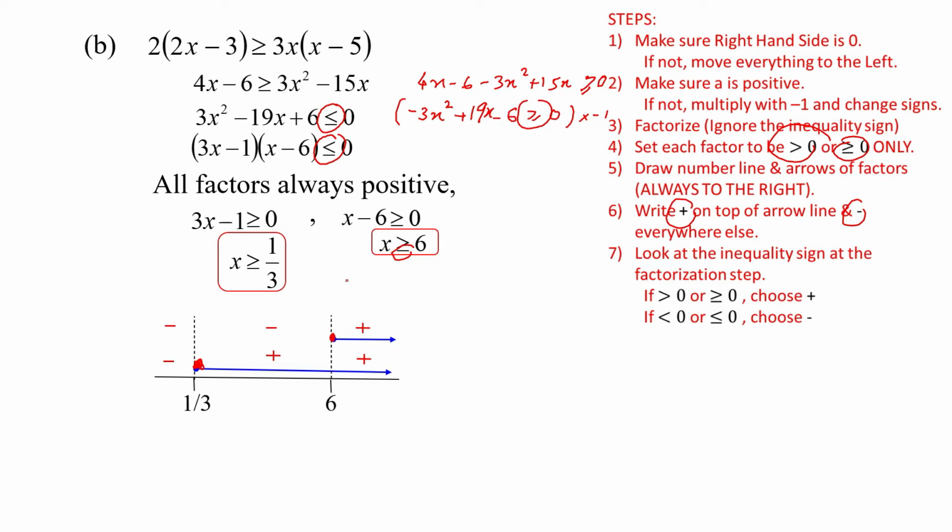The region for our final answer is determined by the inequality at the factorization step. Look at this inequality sign. Look at the factorization step inequality sign. It's less than and equal to 0. So we choose the negative value.